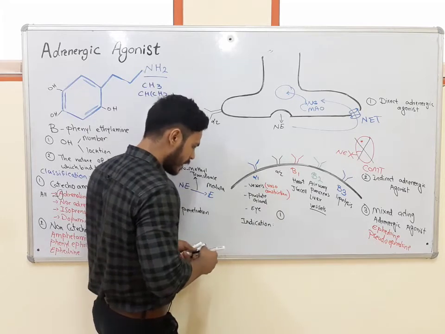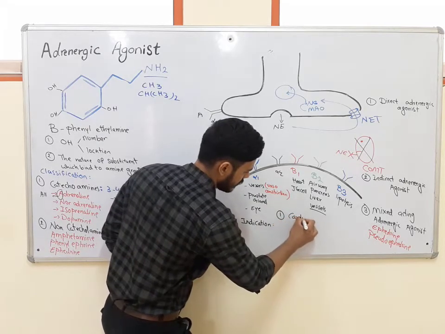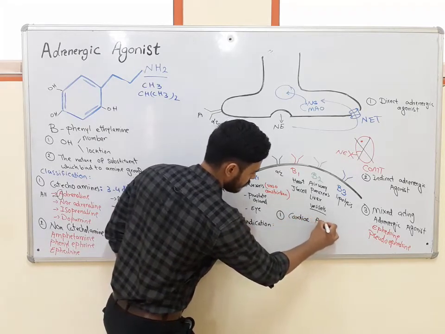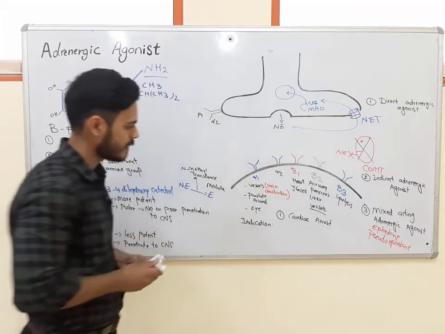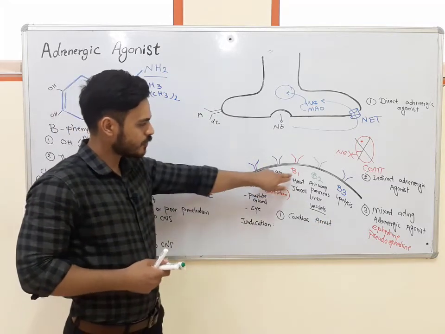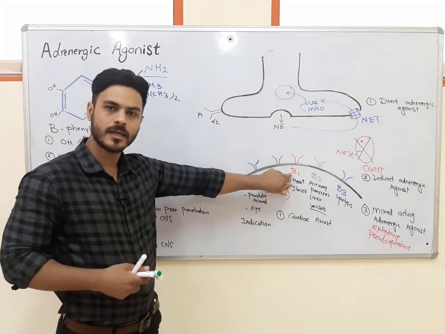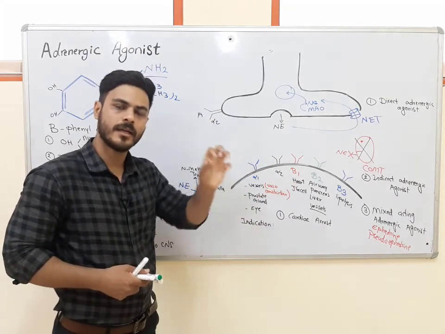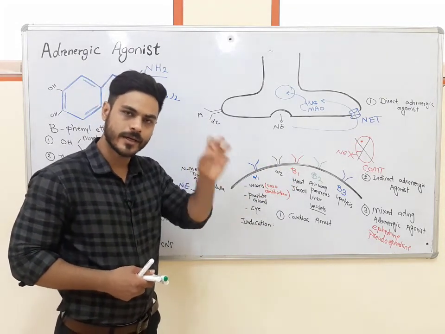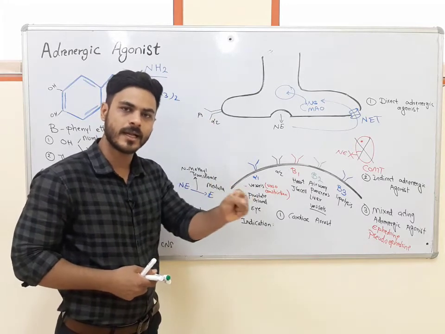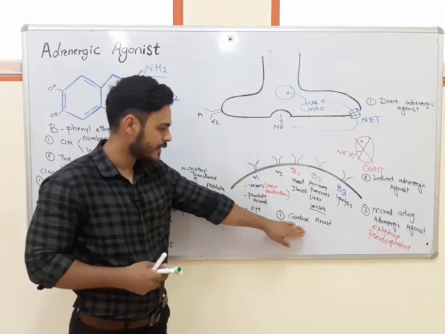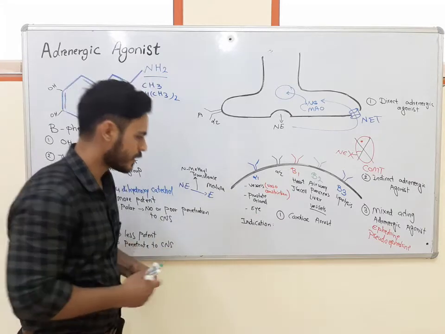Imagine there is cardiac arrest. When we give adrenaline, it binds to the beta-1 receptor on the heart and stimulates the heart. It increases heart rate, it increases force of contraction, as well as cardiac output. So we can give adrenaline for cardiac arrest.